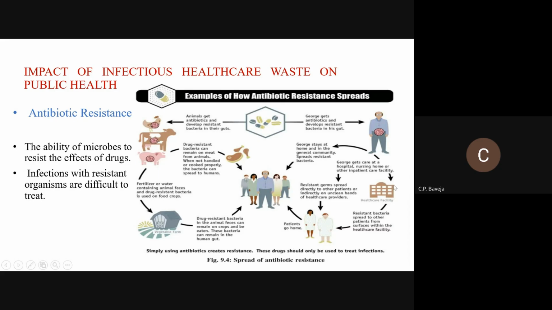He is taking care of his problem at the healthcare facility and has resistant germs, which spread directly to other patients in the hospital, or indirectly on unclean hands of healthcare providers.